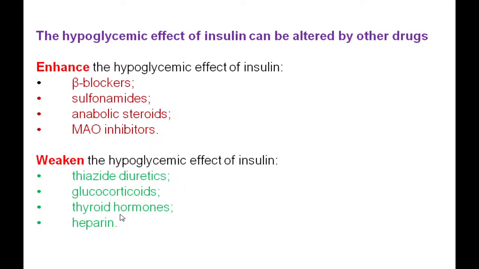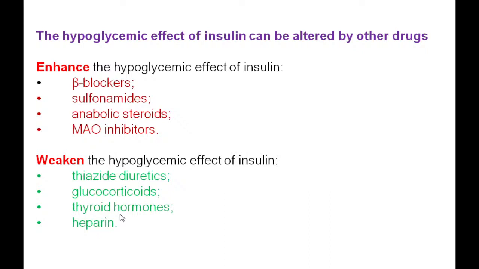And a patient feels specific manifestations of hypoglycemia. With these manifestations, a patient takes something sweet, or sweet tea, for example. If a patient is unconscious, we can introduce glucose or dextrose intravenously.